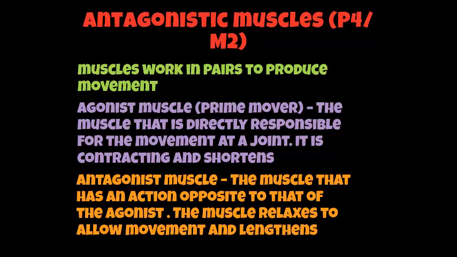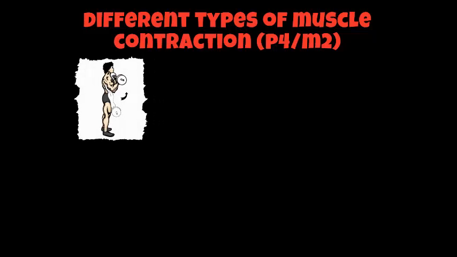So let's try and apply these antagonistic muscles now to examples and incorporating the different types of muscle contractions as well. Okay, here we have flexion of the elbow joint during a bicep curl. We're now going to incorporate antagonistic muscles into our contractions. Here we go.